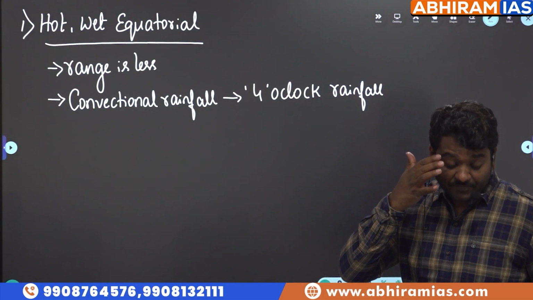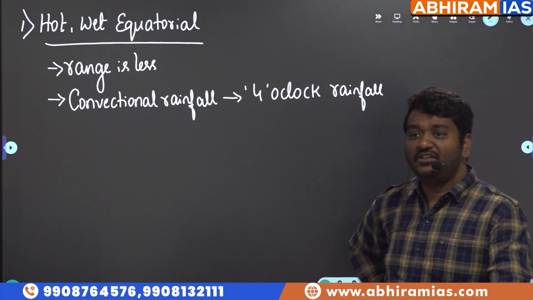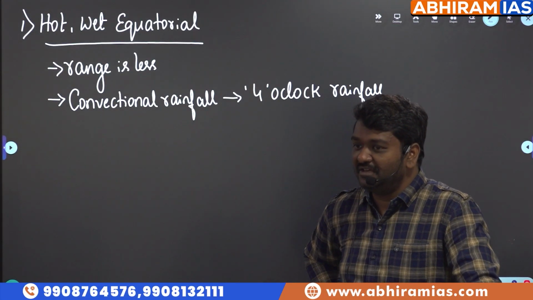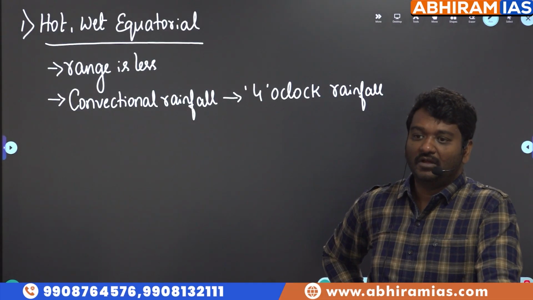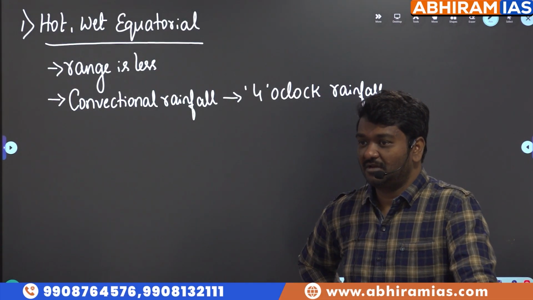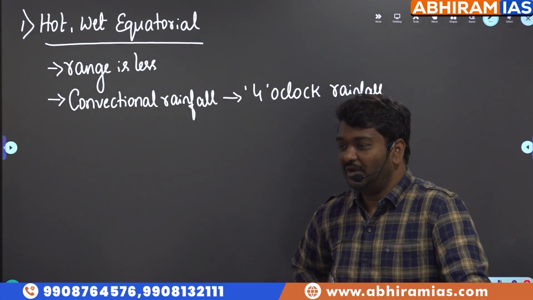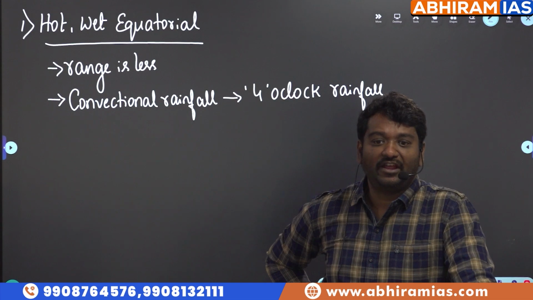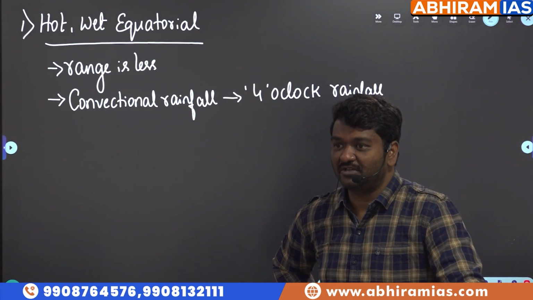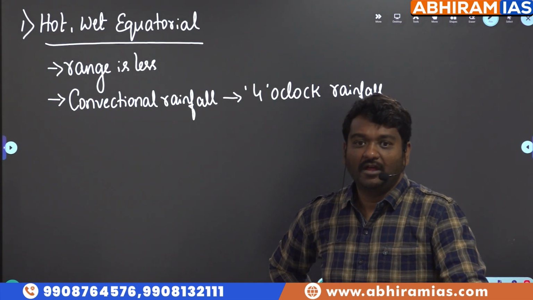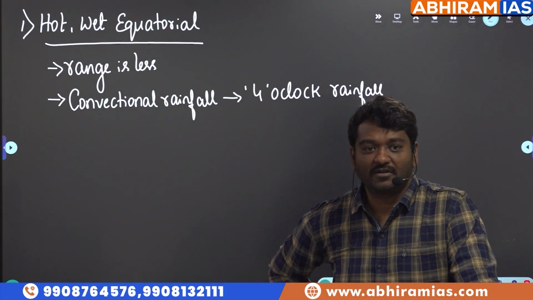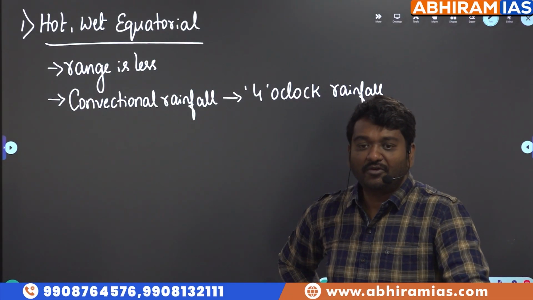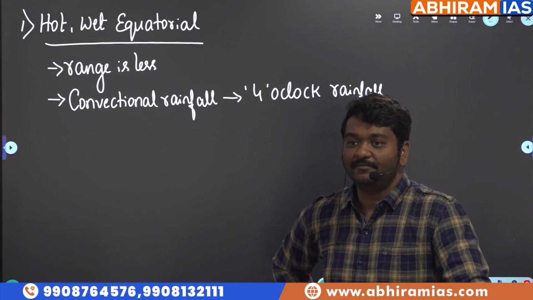Once UPSC asked, every day in the morning sky is clear. By afternoon sky is filled with clouds. By evening you will have heavy rainfall. Are they talking about everyday rainfall? The moment every day comes into picture, it will be equatorial climate. Are they talking about evening rainfall? Again, which type of climate? Equatorial climate. Are the clouds rising vertically? Yes.